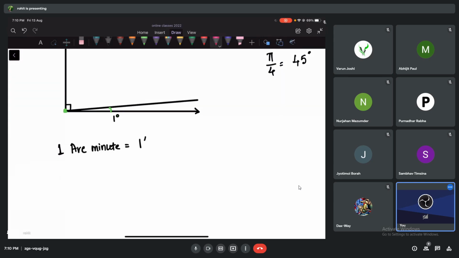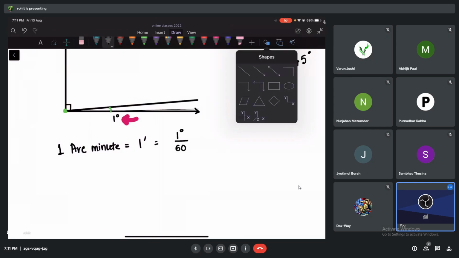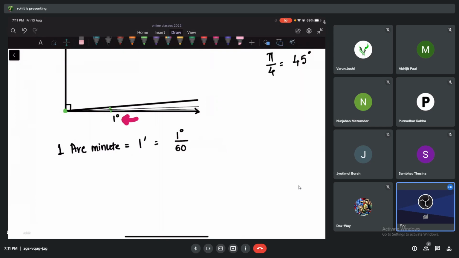You take this 1 degree, whatever angle it is, and you divide it into 60 parts. So you are going to get a very, very small angle. Let me show you the meaning of division. Just imagine I have 60 divisions within this 1 degree of an angle.